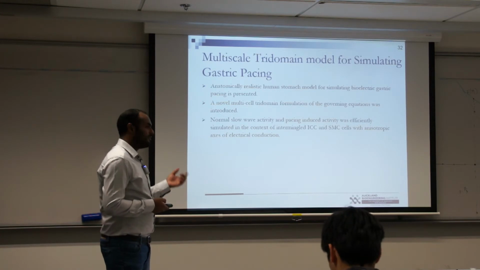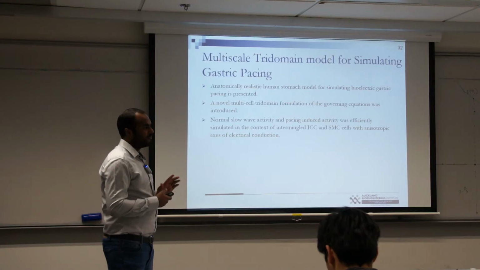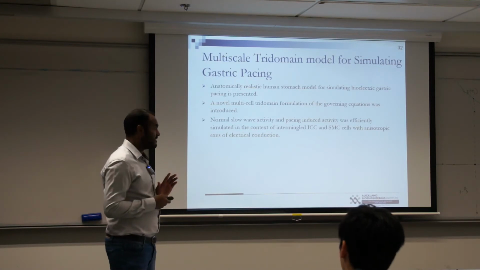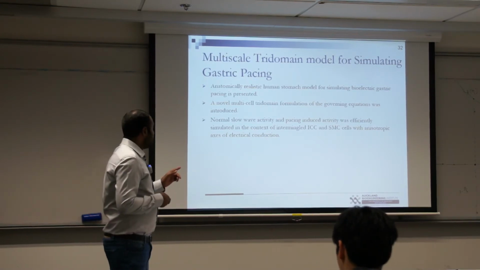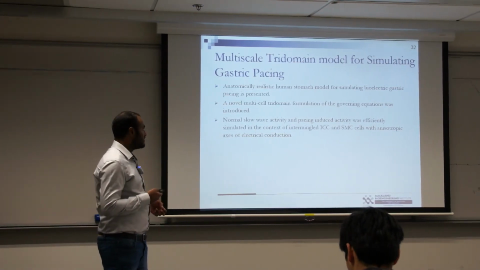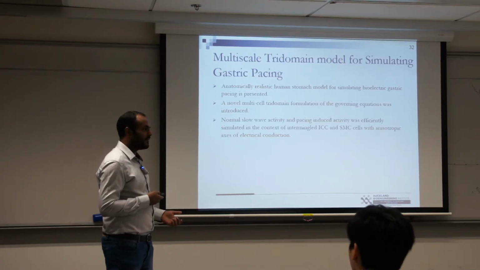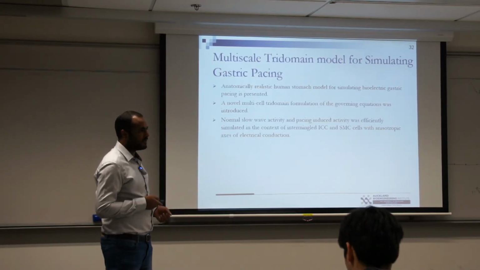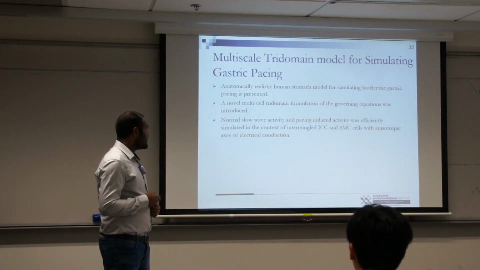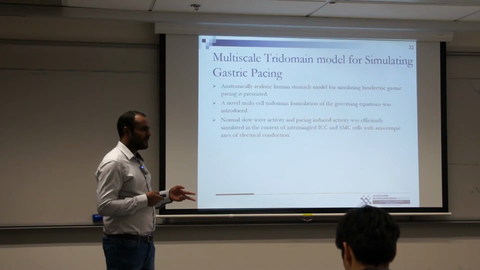In order to define continuum equations for that particular current exchange, we had to define a new model. We call it the multi-cell tri-domain formulation, which is based on a previous model developed by the group in Singapore. In this case, we have two intracellular spaces and one extracellular space, compared with the bi-domain formulation.